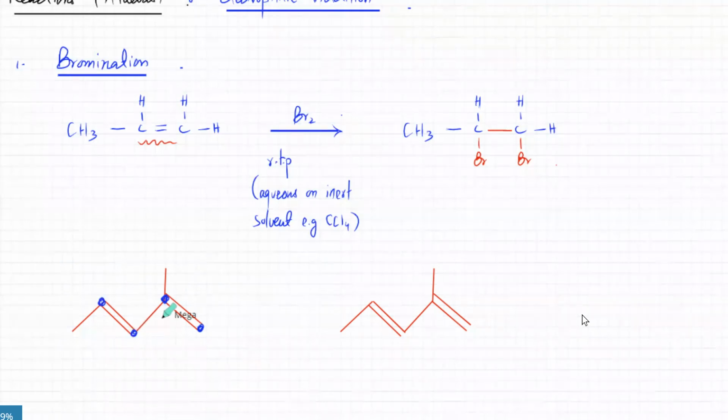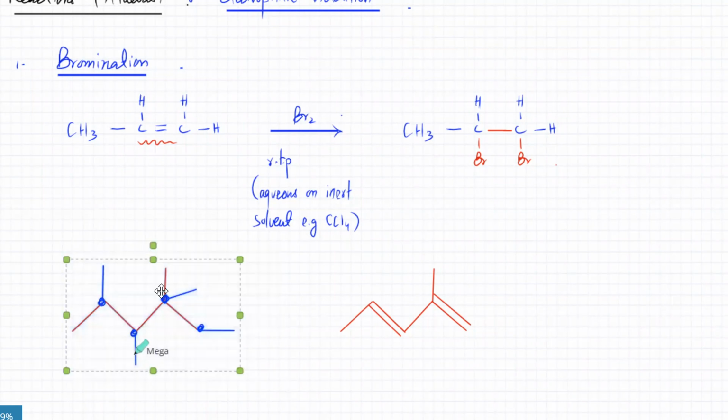The double bonds would go away, and one Br is going to get added to this carbon atom and one Br will get added to this carbon atom. There's going to be a Br added to this carbon atom and one Br getting added to this carbon atom. I did it on the wrong one, just a second.